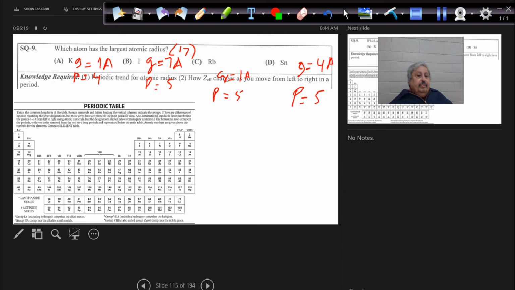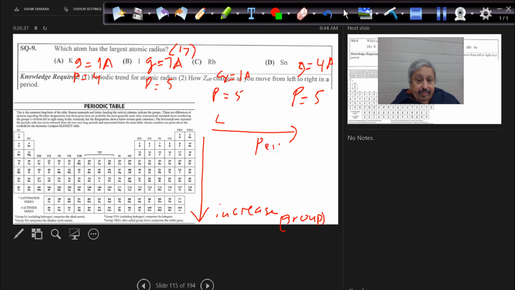So guys, if you remember, the atomic radius from the top to bottom is increase, correct? This is within the group, and this is within the period.